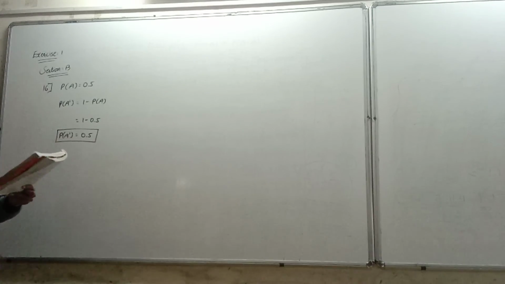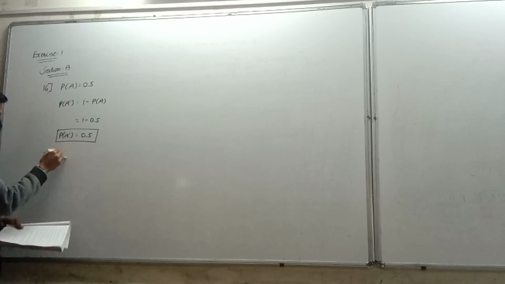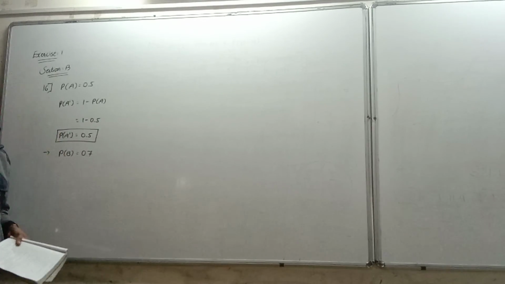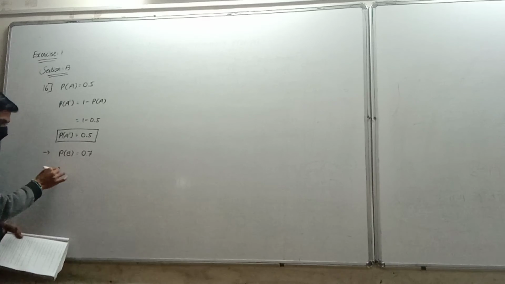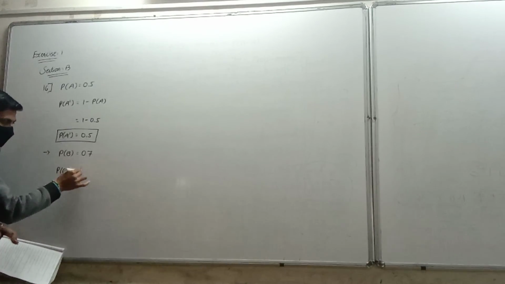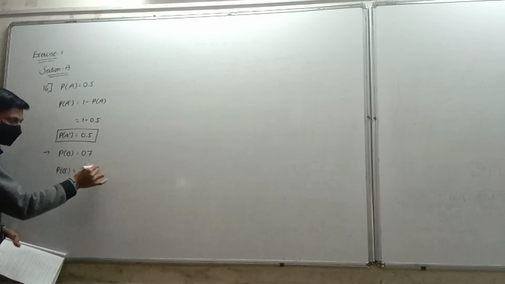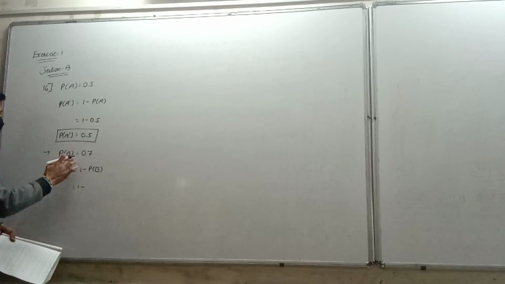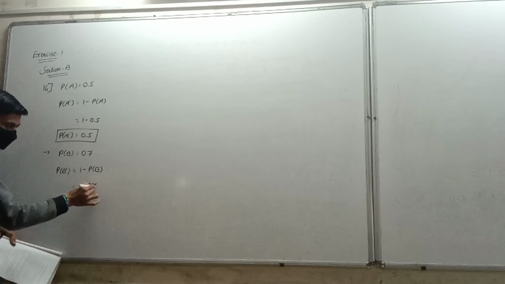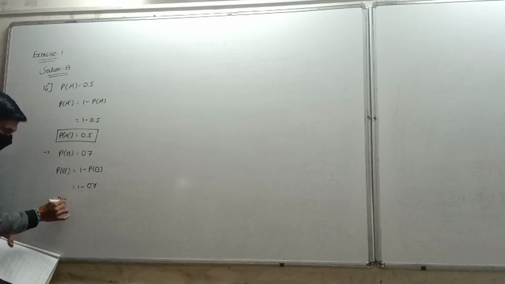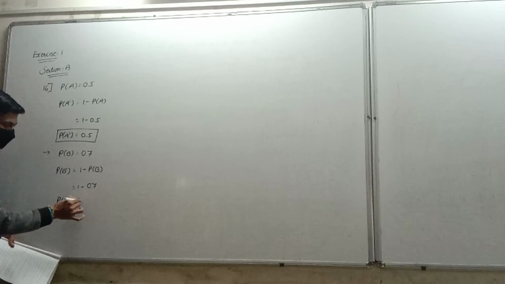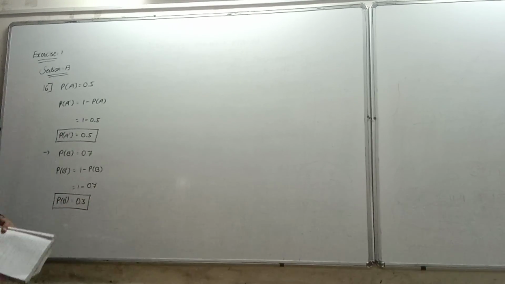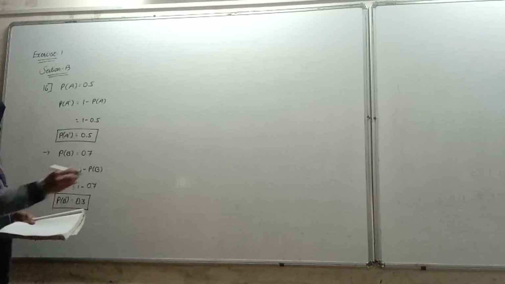P of B is given 0.7. P of B dash is equal to 1 minus P of B, 1 minus 0.7. P of B dash is equal to 0.3.